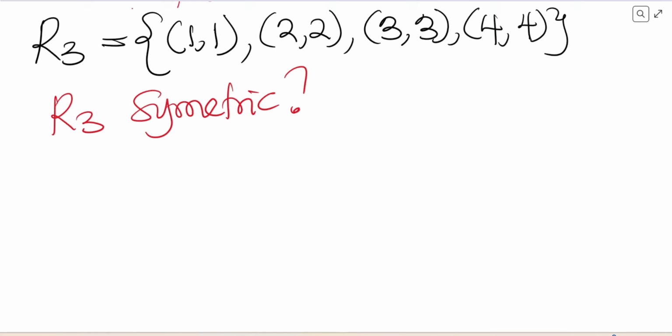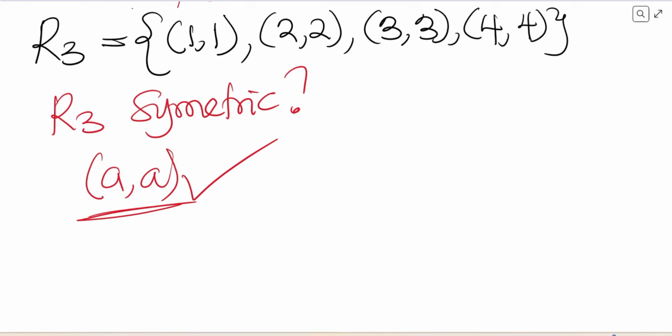Okay, so I said earlier that if you are checking for symmetric and you have A relating to A, don't bother to look for its counterpart. It is the counterpart of itself. So these guys already obey the rule.